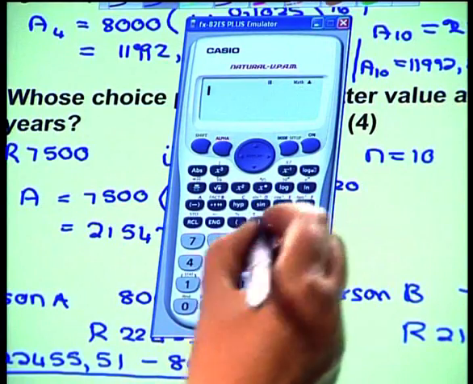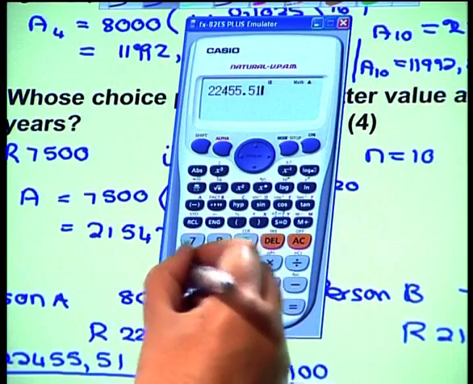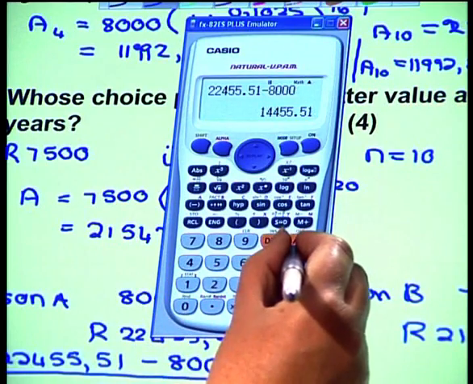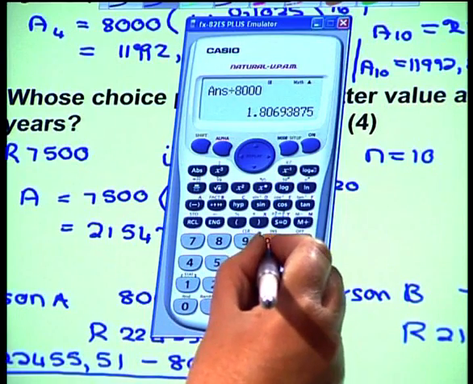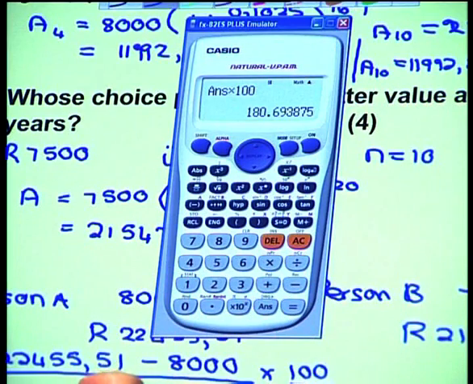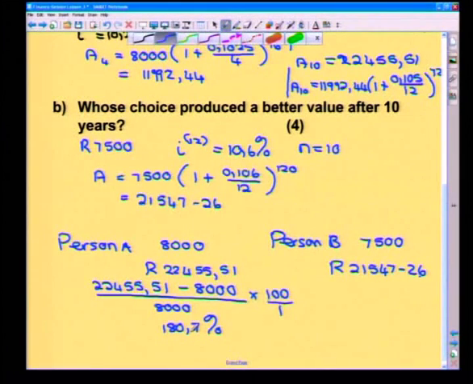So we're going to say 22455.51 minus 8,000. We're going to divide that by 8,000. And we're going to times it by 100. And we're going to find that he made 180.7, if you like. So 180.7%.